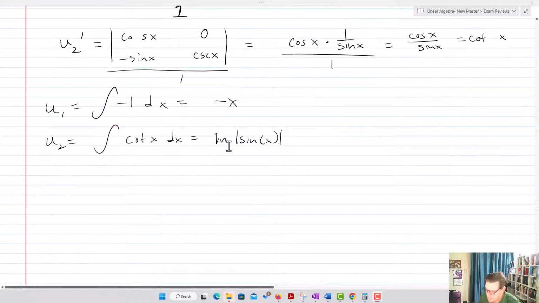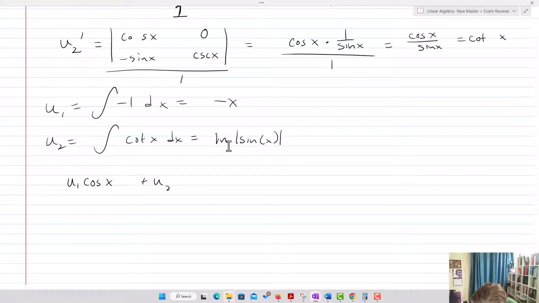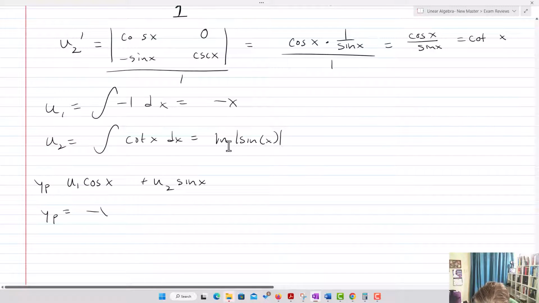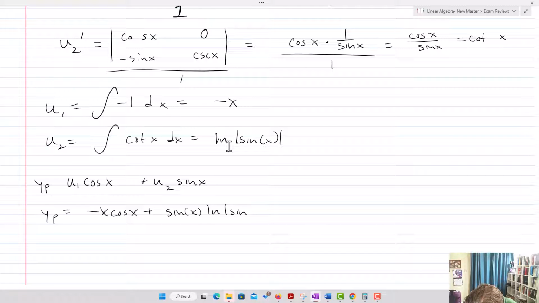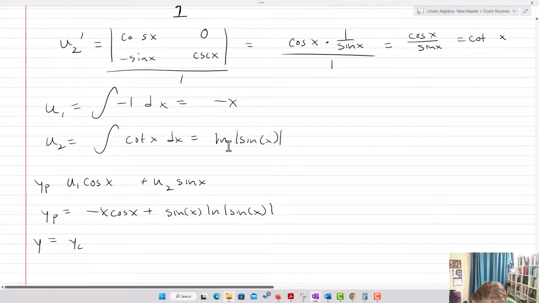So my yp is going to be u1 times cosine x plus u2 times sine x. So yp ends up equaling negative x cosine x plus sine x natural log of sine x. Put everything together, we get that y is going to equal yc plus yp. So that equals c1 cosine x plus c2 sine x minus x cosine x plus sine x natural log of sine x.